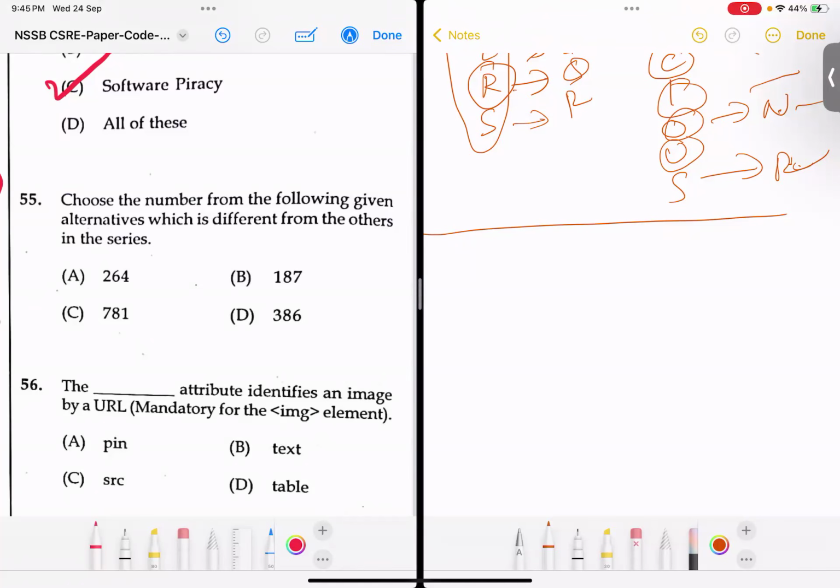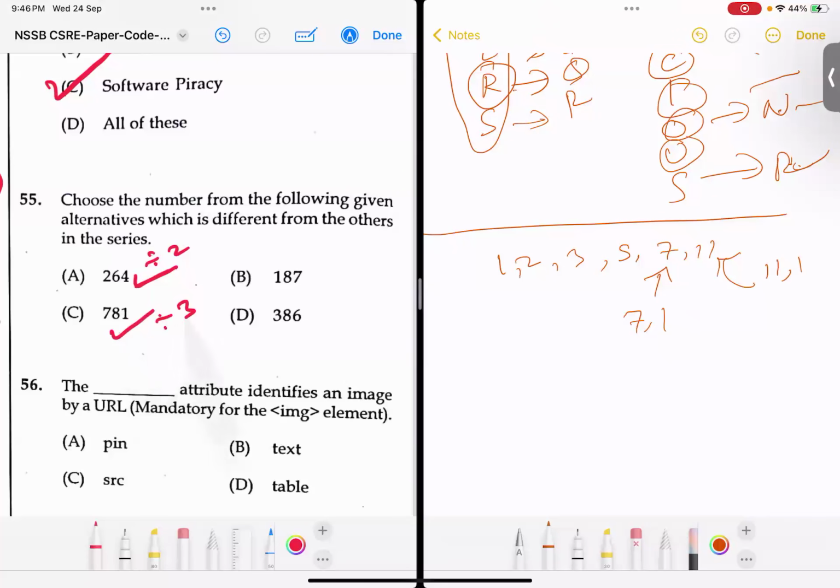Now if you look at this number, this is a composite number, right? It is not a prime number. So prime numbers are numbers like 2, 3, 5, 7, 11, right? Now 11 is not divisible by any other number, right? It is just divisible by 11 and 1. Similarly, 7 is divisible only by 7 and 1, right? Now a number like 264 is divisible by 2, right? It can be divided by 2.